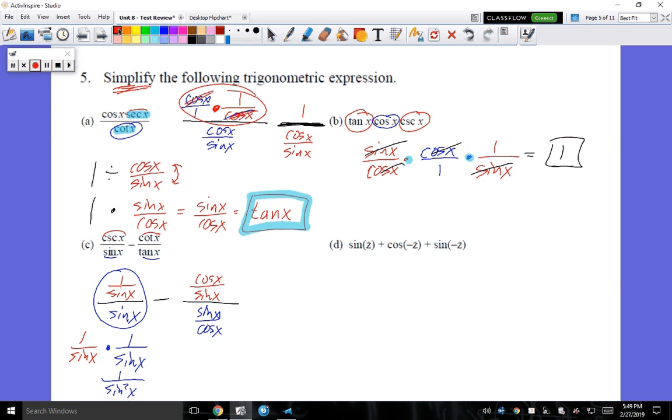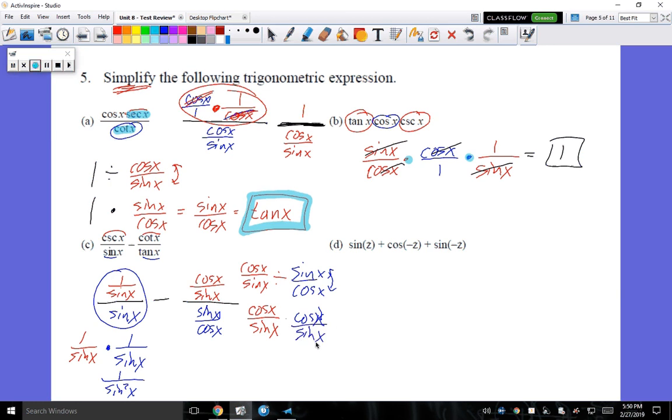Over here, we have cosine over sine divided by sine over cosine. And yep, keep, change, flip tells us that this will change to cosine over sine times the flip. The cosine's here, and then the sine is here.